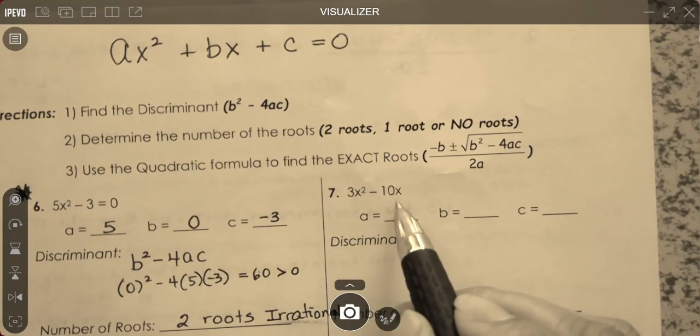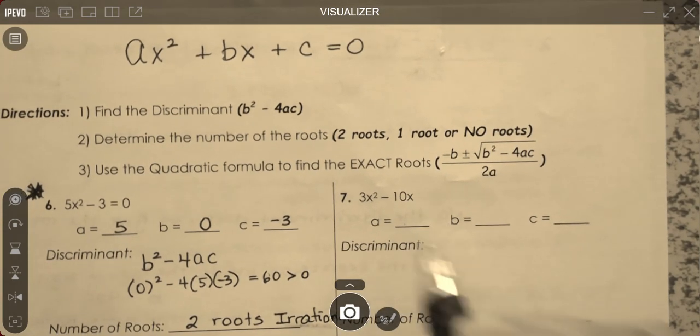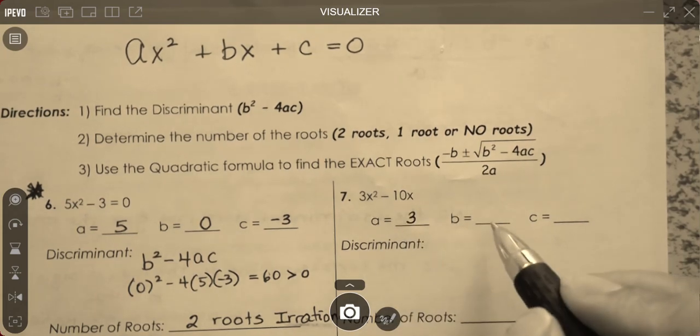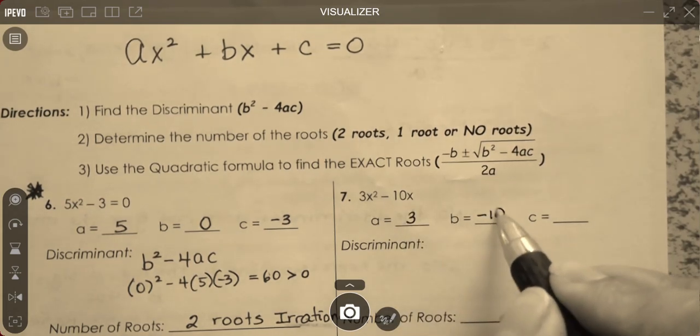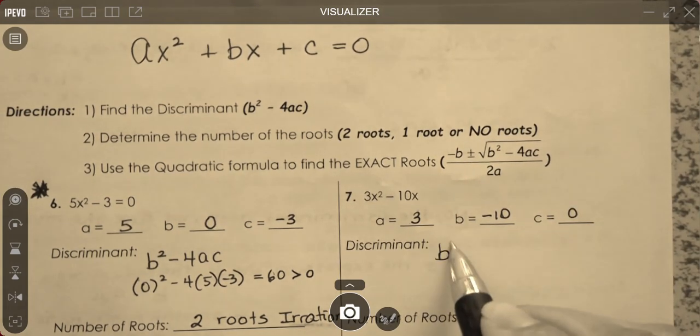Now with this one right here, 3x squared minus 10x. Look at it very carefully, and what is your A? What is your B? Negative 10. And what is your C? Okay. You calculate the discriminant.